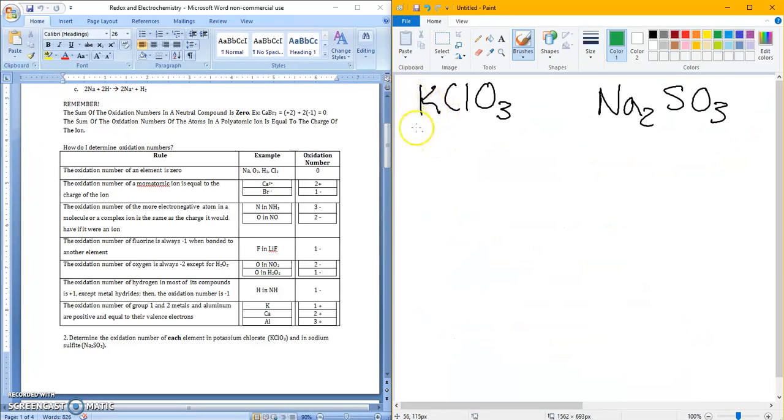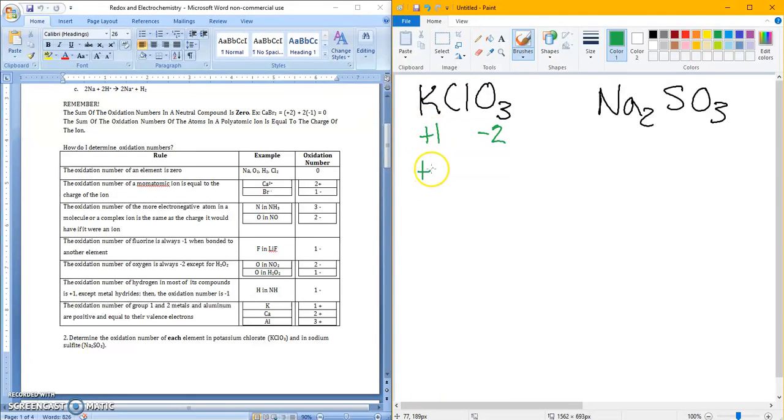Okay. So potassium is right here on my list. Any alkali metal or alkaline earth metal has the same charge that it would normally have. So potassium is going to have a +1 charge. Oxygen is always -2 unless it is part of hydrogen peroxide. And then I need to look at my overall charges to find chlorine.